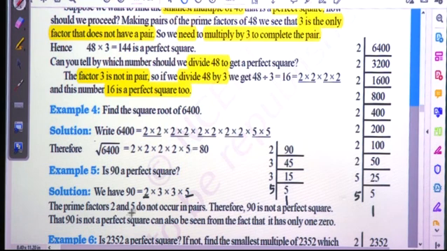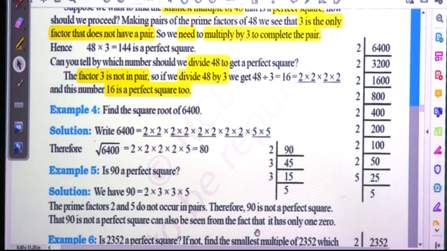The prime factors 2 and 5 do not occur in pairs. Therefore, 90 is not a perfect square.